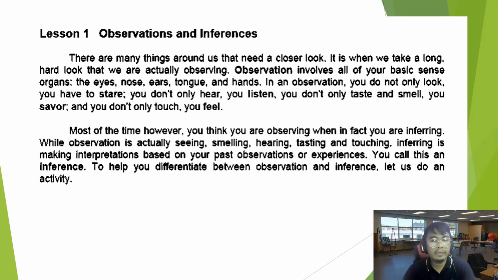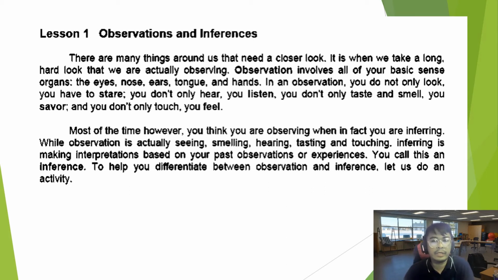There are many things around us that need a closer look, right? It is when we take a long, hard look that we are actually observing. Now, observation involves all of your basic sense organs. So remember, when you do observation, it involves the use of the 5 senses, through the use of your eyes, nose, ears, tongue, and hands.